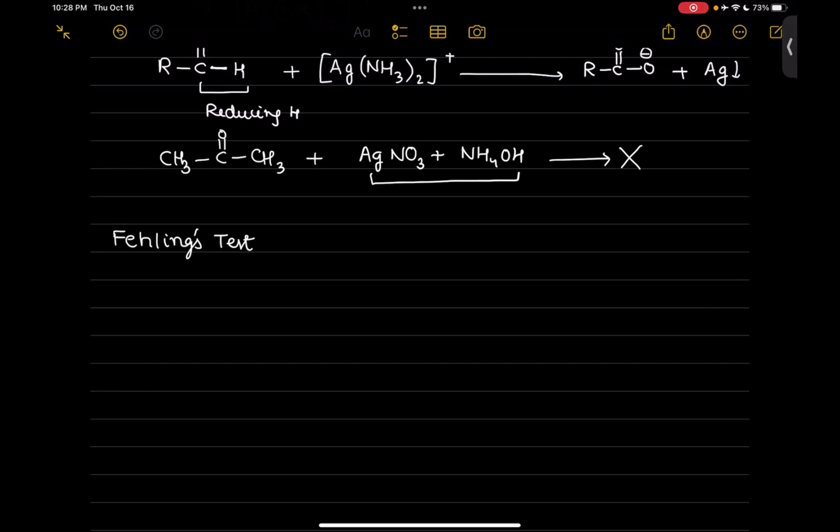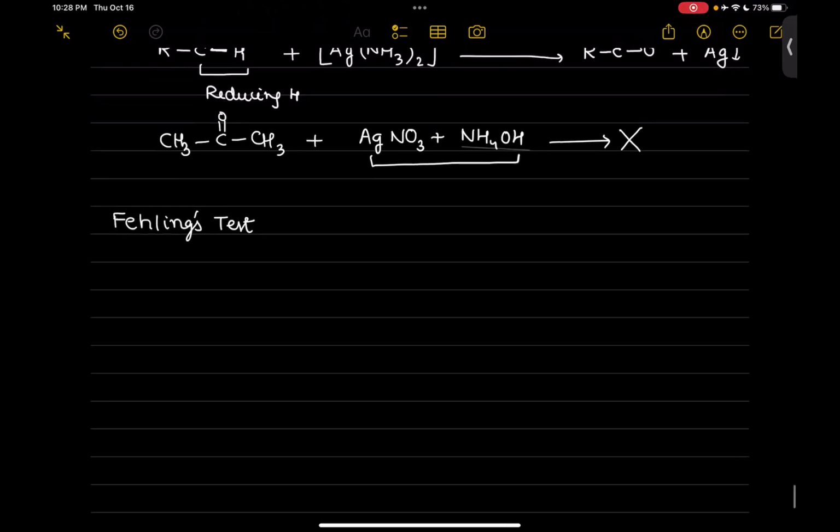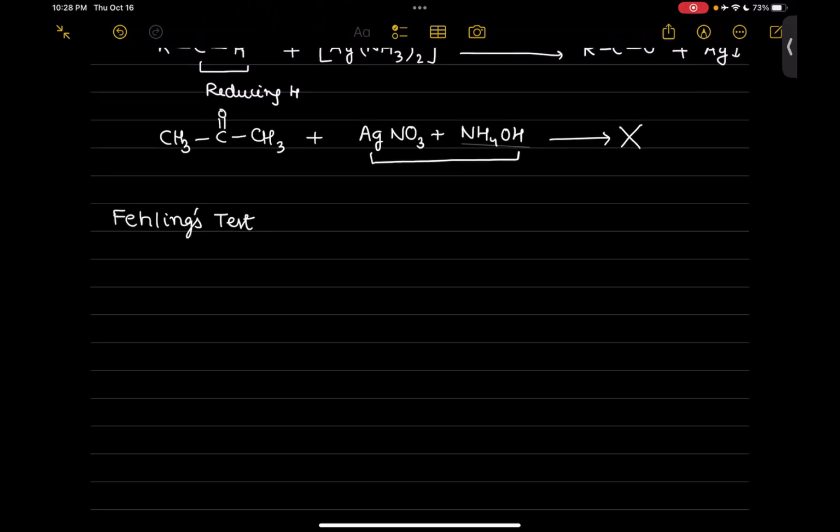So Fehling's test is also based on the same principle, that aldehydes have reducing H, the H which is connected to C double bond O, and they can react with the Fehling solution.